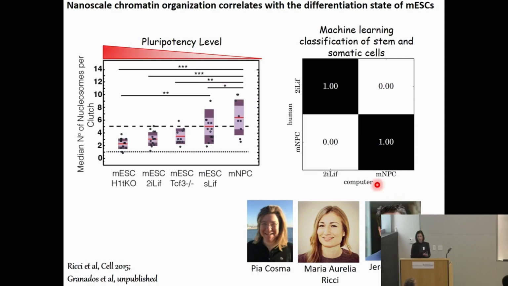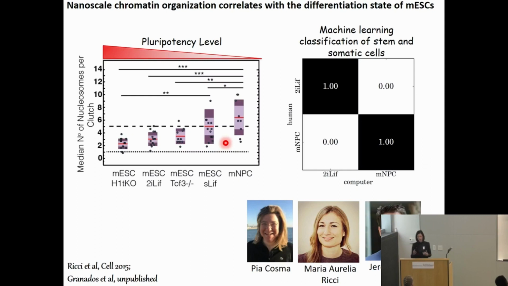And we have applied this to more intermediate cell types as well with good results. So I've so far told you that chromatin, despite being heterogeneous, despite being disordered, is cell type specific. It's a marker of cell state, and it can be modulated with chemical cues like epigenetic drugs like TSA.